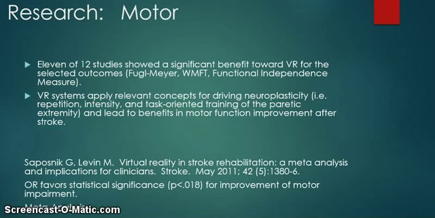Also, virtual reality systems apply relevant concepts for driving neuroplasticity, such as repetition, intensity, and task-oriented training of the paretic extremity, and lead to benefits in motor function improvement after stroke. The odds ratio in the study favored statistical significance, meeting the p-value threshold of 0.018 for improvement of motor impairment.